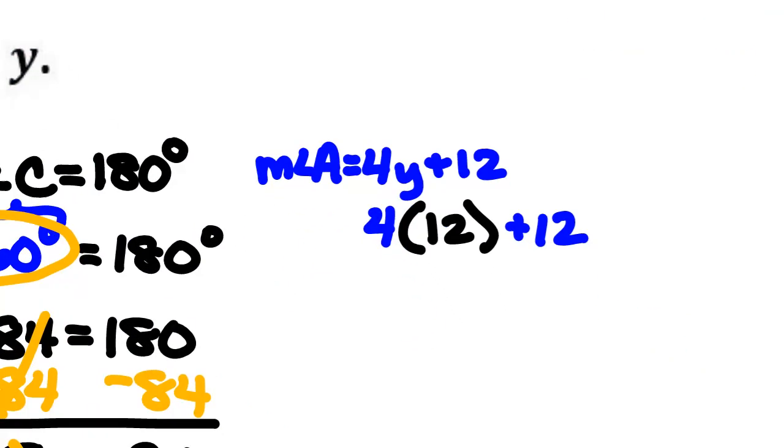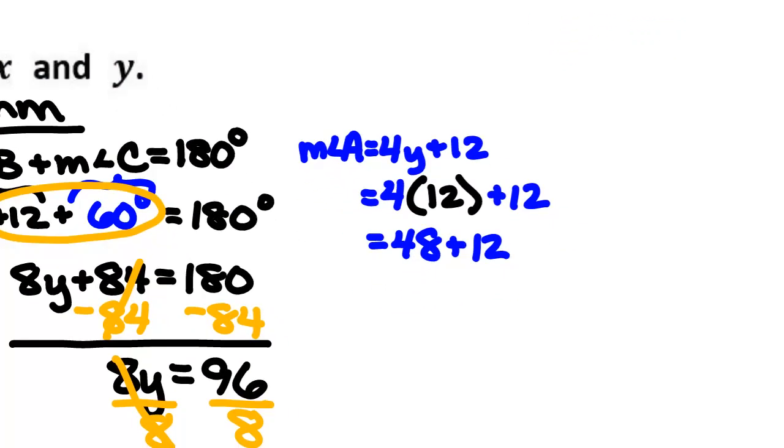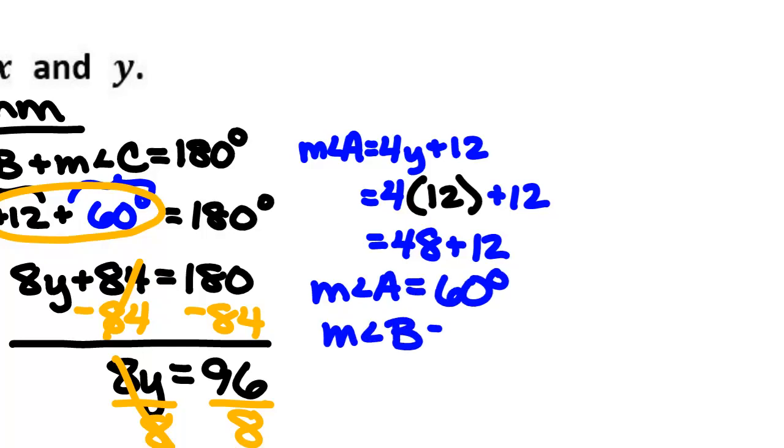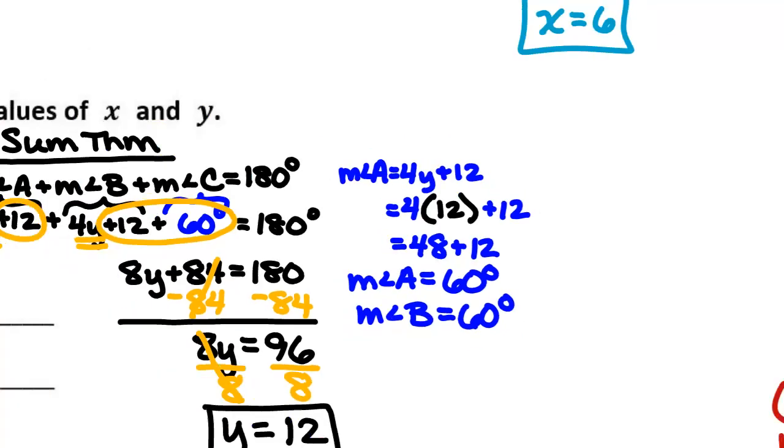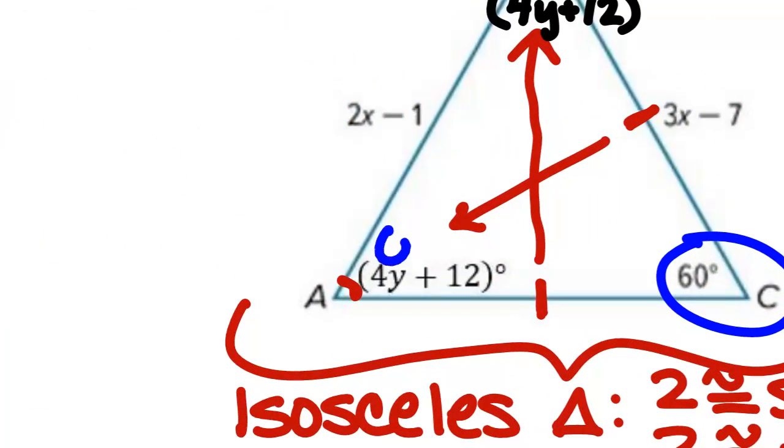What is 4 times 12? 48. And 48 plus 12 is how much? 60. Measurement of angle A is 60 degrees, which means angle B is how big? Also 60 degrees. So all three angles are the same size.